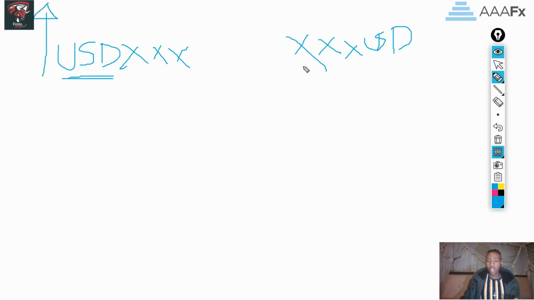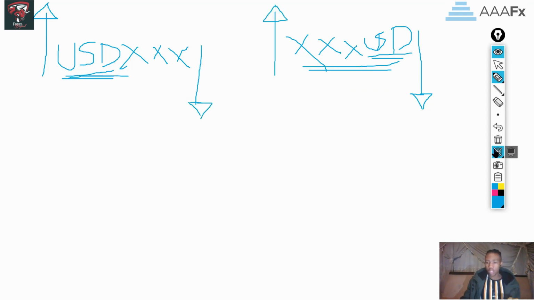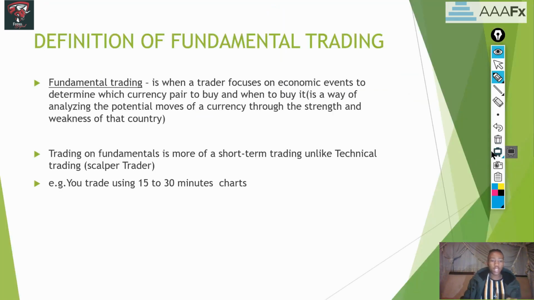And then here when the USA is a quote currency, and the economy gains strength, that means you're looking for a so-called bearish movement, which is vice versa if the economy loses strength. That's what I meant when I said the potential movements of the currency through the strength and the weakness of the country. Okay, so let's continue.